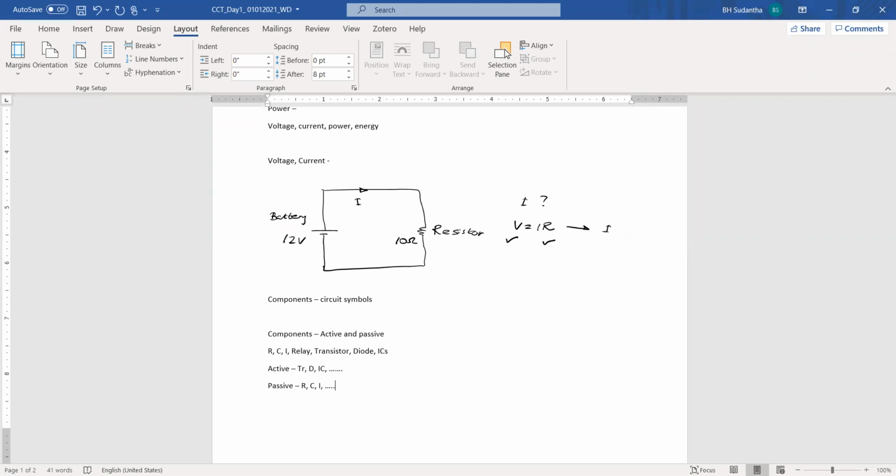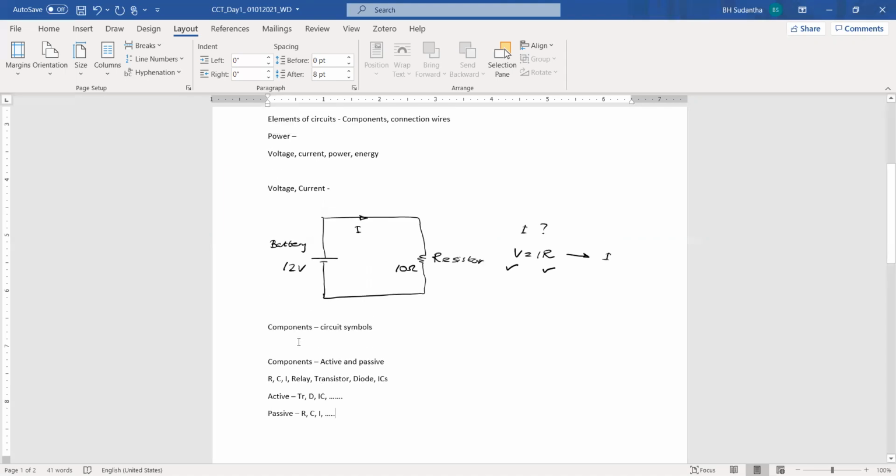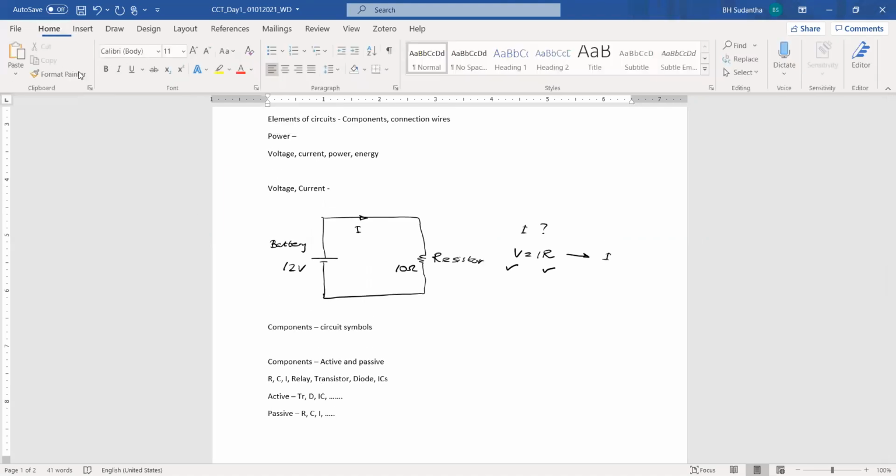Whether they have power or not, they can introduce their characteristics to the circuit. It doesn't matter. Some components, if they don't have power, cannot have the functionality. But some other components, without power, have their own characteristics. Based on that, we can divide these components into active components and passive components. Is it okay?